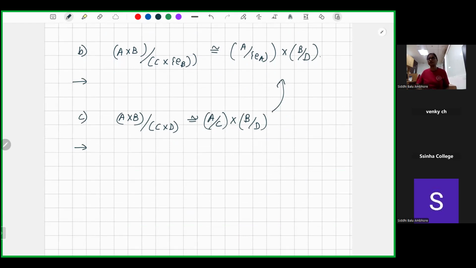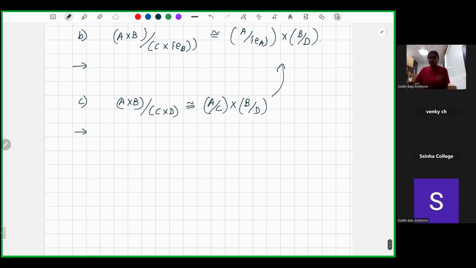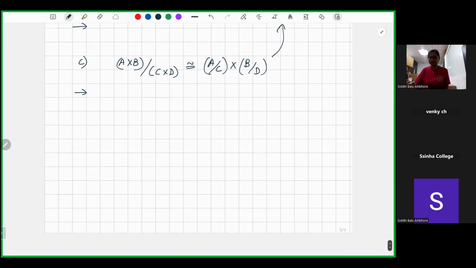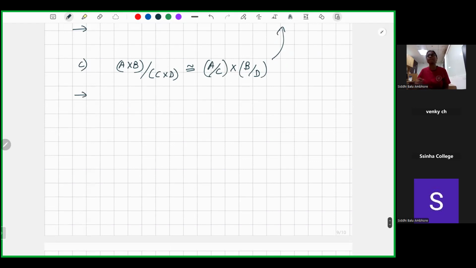What do you think of this one? Is this true or false? Or what is your guess for this C part? And if we think that this is true, then how to proceed with proving this?